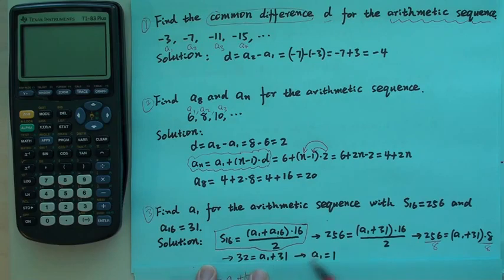And then 32 equals a1 plus 31. Apparently a1 is 1, because 1 added onto 31 is 32. So you have found that a1 is just 1.